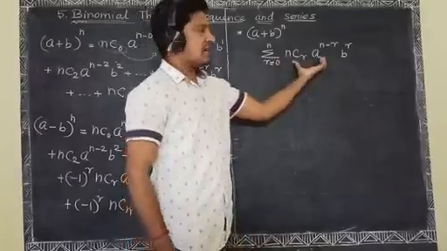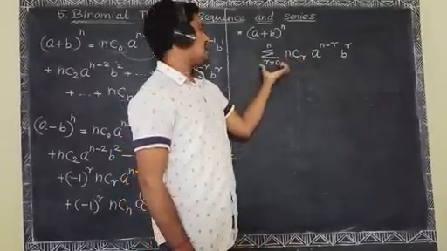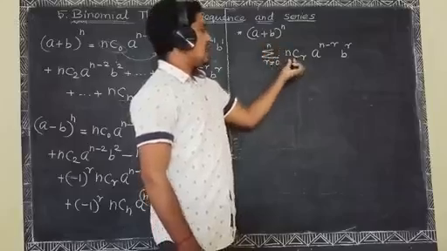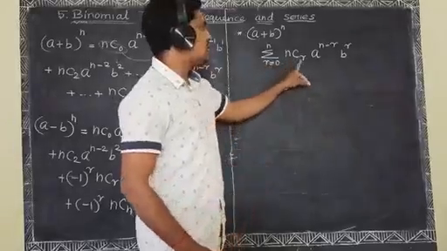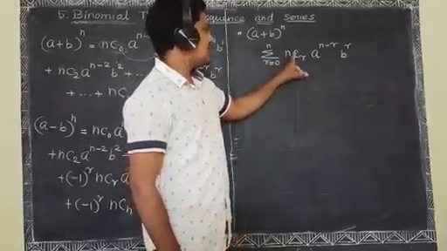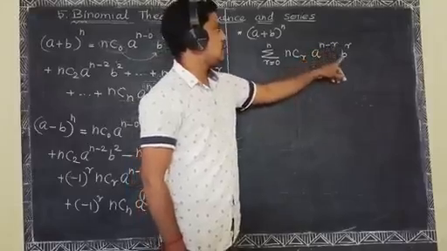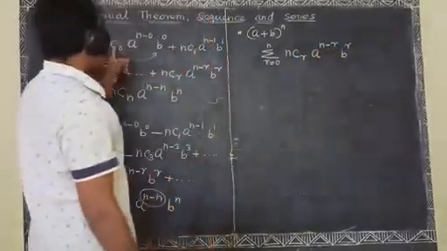This is an expansion. Substitute r equal to 0 into here: nC0 a^(n-0) b^0. That is the first term.